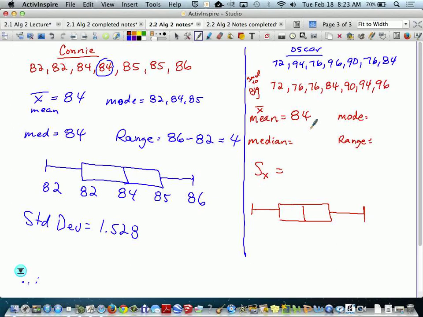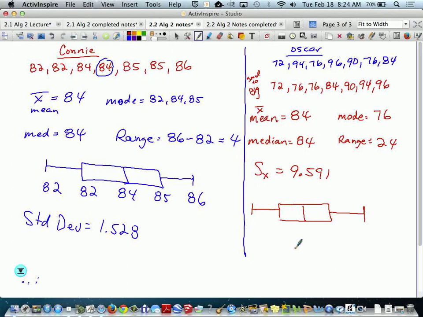Mode? 76. Median? 84. Range? 24. Standard deviations? 9.591, something like this. Okay?